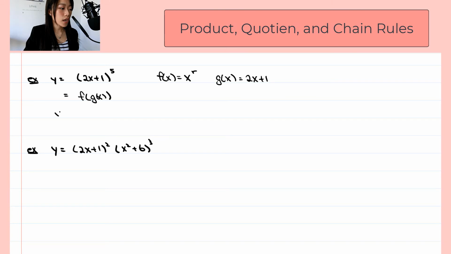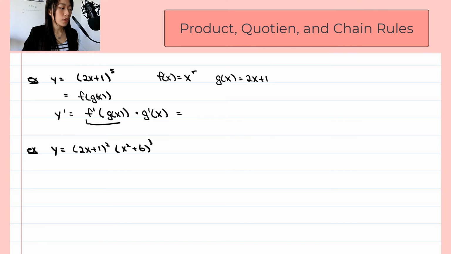Now let's use the chain rule. The chain rule says the derivative of y equals the derivative of f, where the input is g of x, then times the derivative of g of x. f of x is x to the power of r, so we can use the power rule.